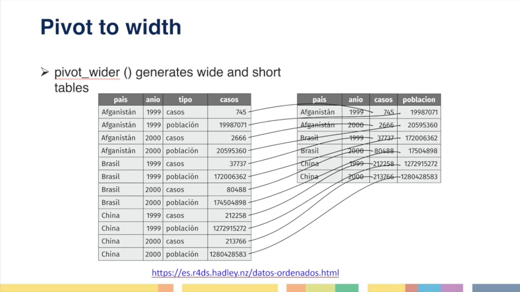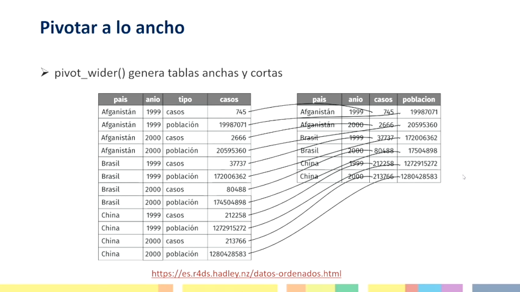And the opposite situation would be when I already have data that's very long and I need to pivot wider. So I use a function, pivot wider, that's going to generate those wide and short tables. So I have cases in which I have the number of cases in the population.